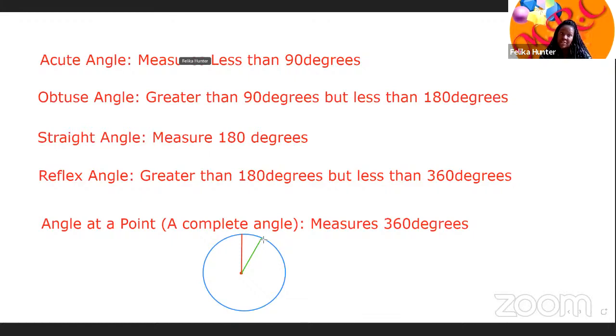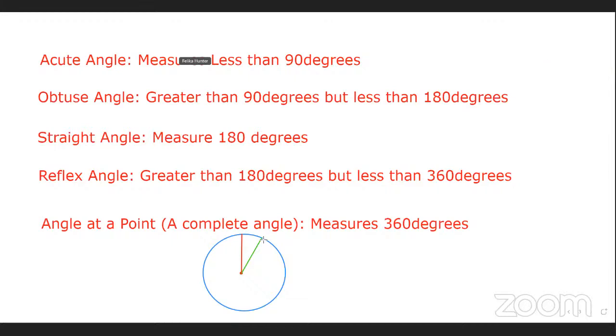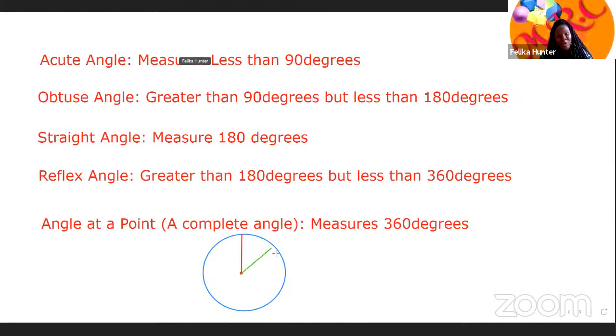What type of angle? You don't have to give me the value, but what type of angle? Come, class. Acute. Acute, good. And if you move down to here, what does it look like?